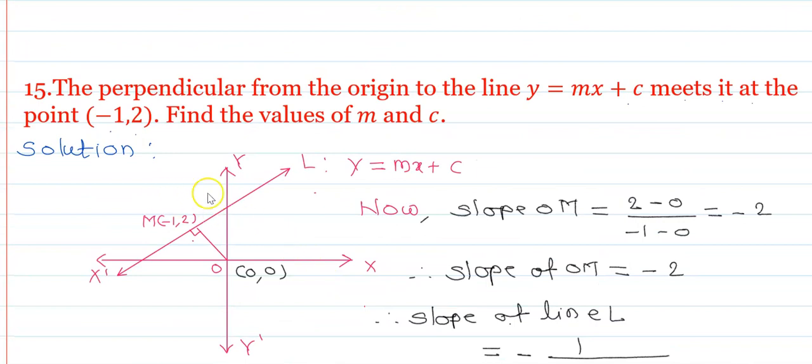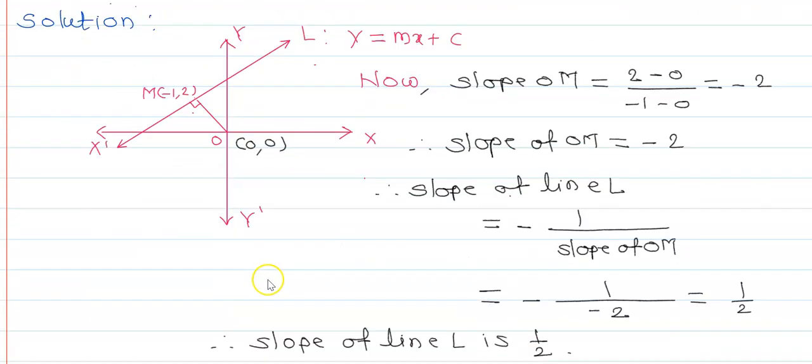Now see this here. This is the line L whose equation is y equals mx plus c. The perpendicular from the origin to the line meets at the point -1, 2. From the origin we draw the perpendicular OM and the point is -1, 2. That's why we find the slope of OM. The slope of line L is the minus reciprocal of the slope of OM.